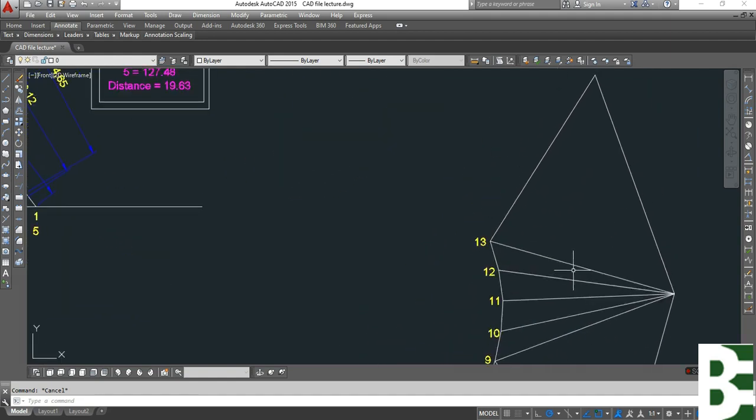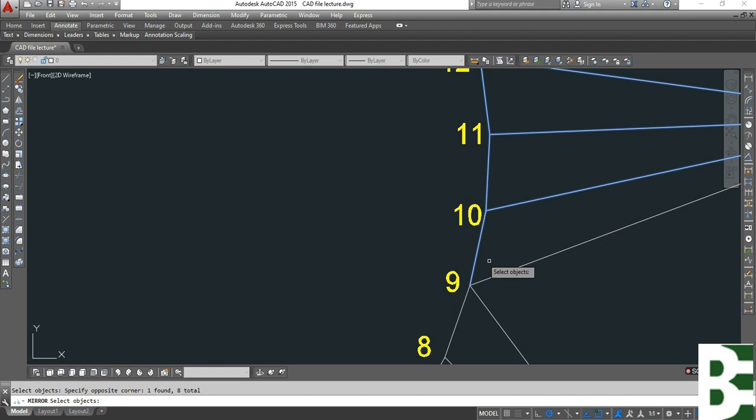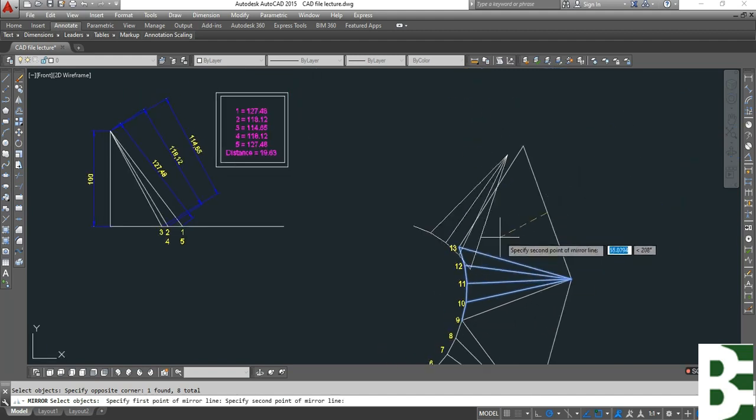So I'll mirror this corner to the other side. Be careful.